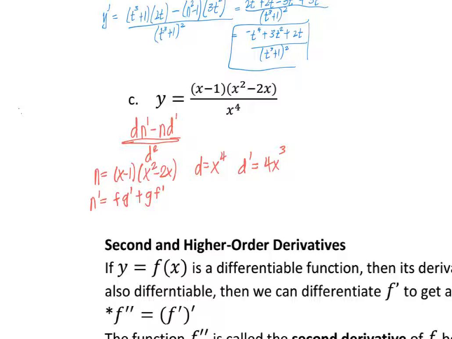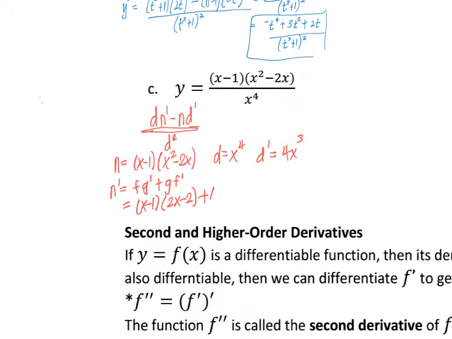So x minus 1 times 2x minus 2 plus the second, so x squared minus 2x times the derivative of the first, which the derivative of x minus 1 is just 1. And look, y'all, this isn't even simplified yet. I have to simplify this product rule.